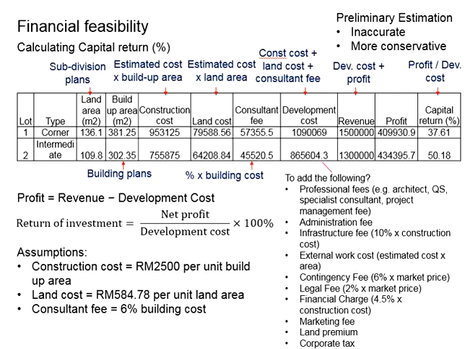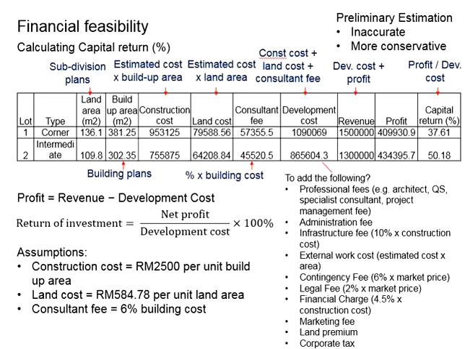Now, the calculation of the capital return over 2 years of project is built on the assumption that all the units are sold within 2 years before completing the project. It depends on the supply and demand of the market.